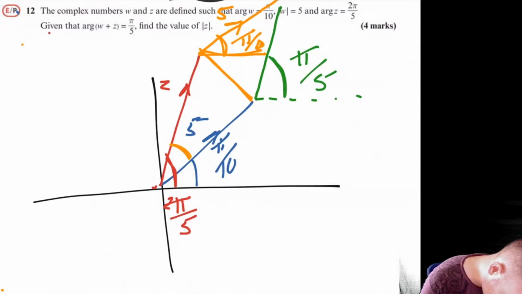So W plus Z would be going all the way through there.